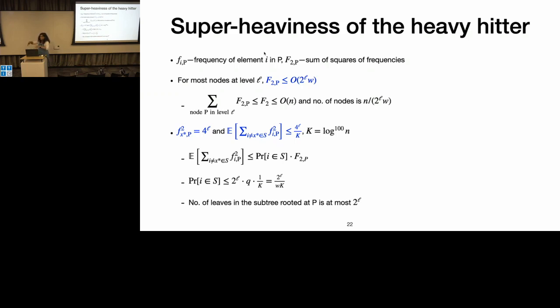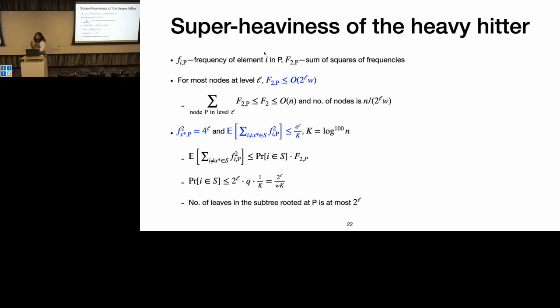Each child is a sampling node that can contribute to a set S, and all the sampling probability was just Q. So you have 2 to the L sets, each has sampling probability Q. And after that, you also have the condition that they should have the hash value H. The set of relevant elements should all have hash value H. And the probability that a sampled element has hash value H is 1 over K, for any fixed hash value. So that's it. 2 to the L times Q times 1 over K, 2 to the L over WK.